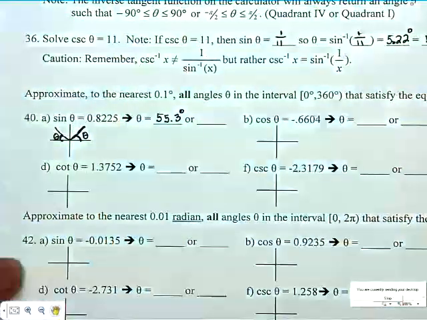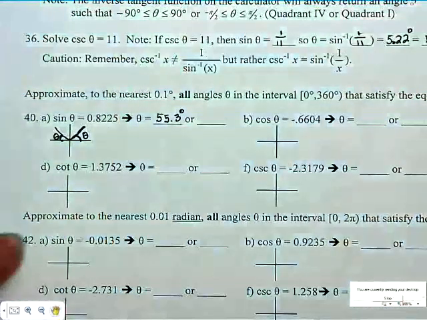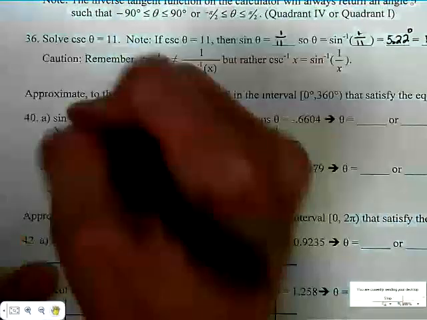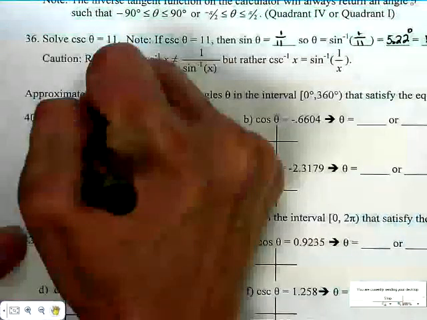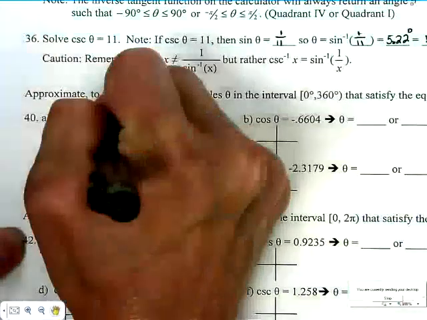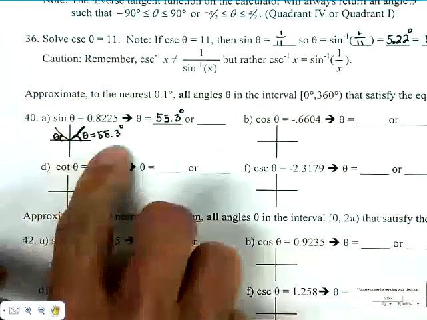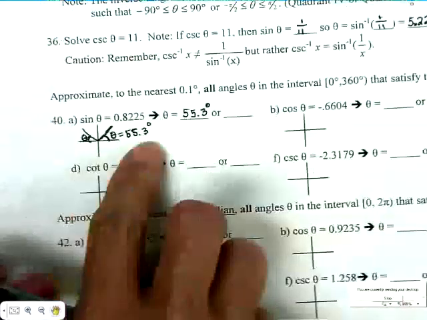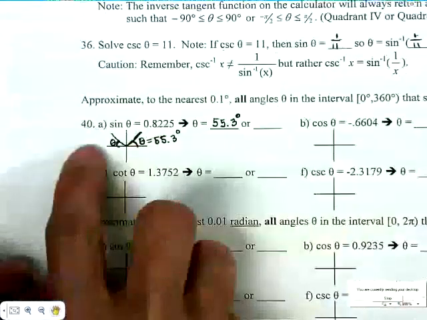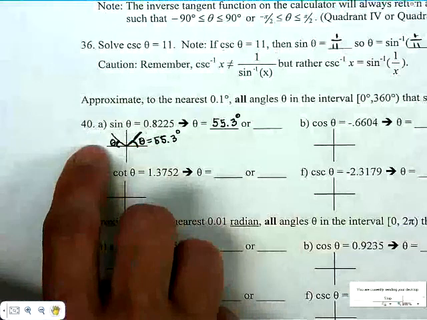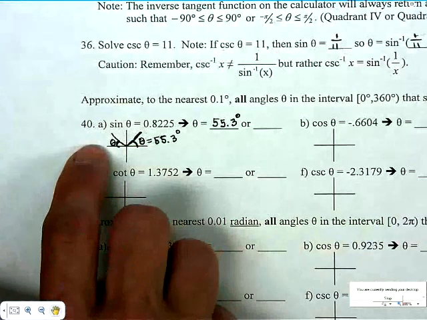Think about what you know about reference angles. If this angle in the first quadrant is 55.3 degrees from the x-axis, how would you get the second quadrant angle that's the same distance from the x-axis? 180 minus 55.3.